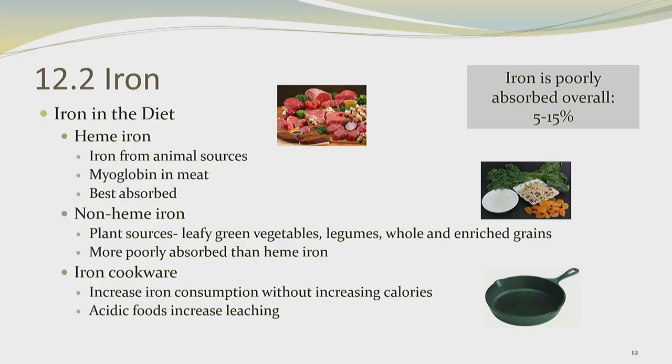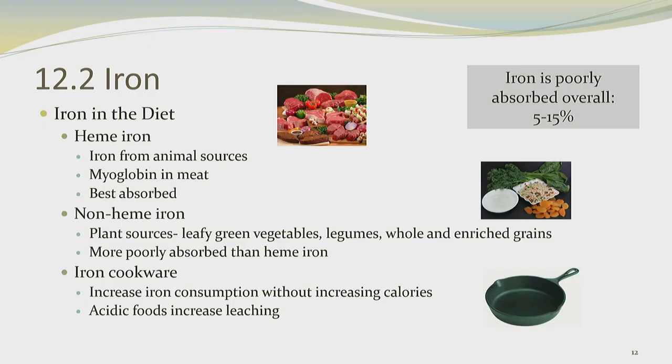One way to increase iron consumption without increasing your kilocalorie intake is perhaps to use iron cookware, which, when you cook acidic foods in it, will tend to leach iron into the food. There's an interesting study from a long time ago where a very low resource setting in Ethiopia was studied.